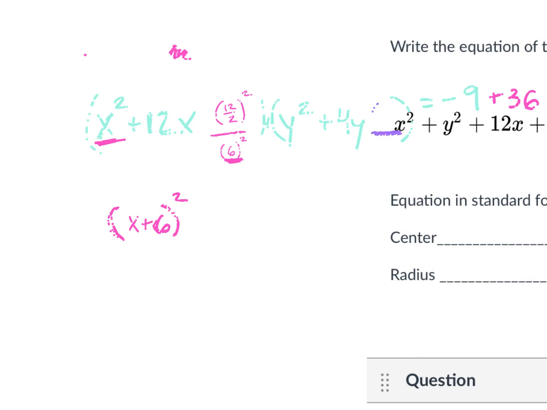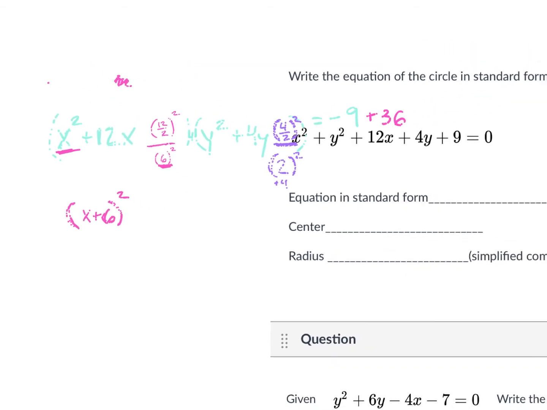I have to add 4 on the right side too. So what's going to go in my parentheses here? Y plus 2. And then that's going to be equal to negative 9 plus 36 plus 4.